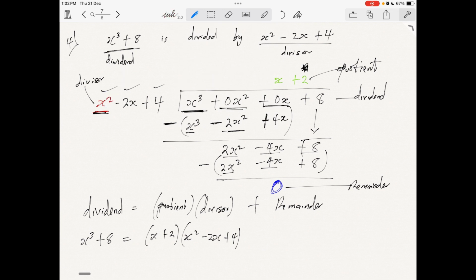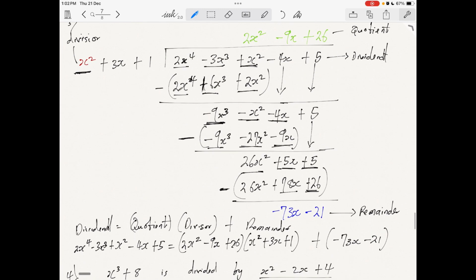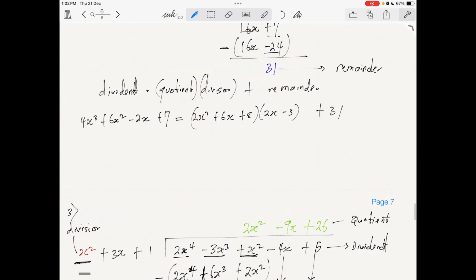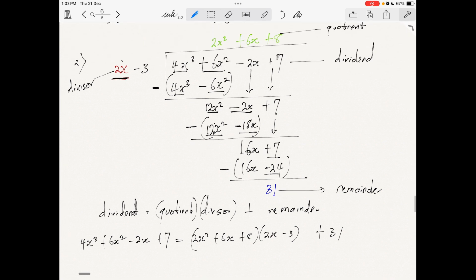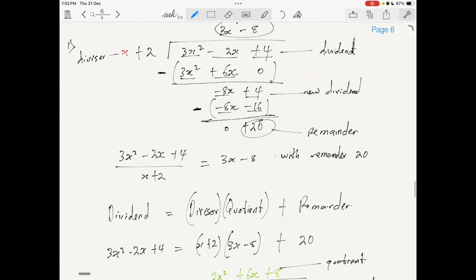Okay, so the division is possible. And in our previous example, the degree of the dividend here is 4, and the degree of the divisor is 2, which is higher. Let's go one more step on here. The degree of the dividend is 3, and here the degree of the divisor is 1, okay, because it's just 2x. Okay, and in the first example here, the degree of the dividend is 2, and the degree of the divisor is 1, which is higher.